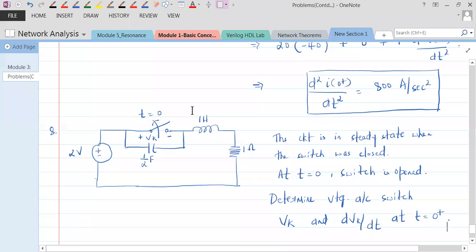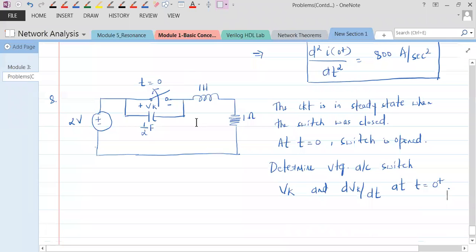Yeah, see, in this problem they have given us an inductor and a resistor in series. There is a switch. In parallel with this switch you have a capacitor of half farads. Okay, and the symbol of this switch very clearly says that the switch is being opened at t equal to 0.